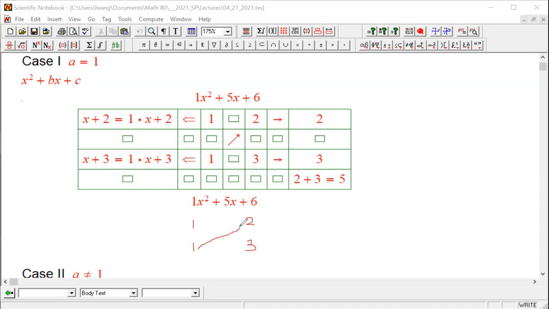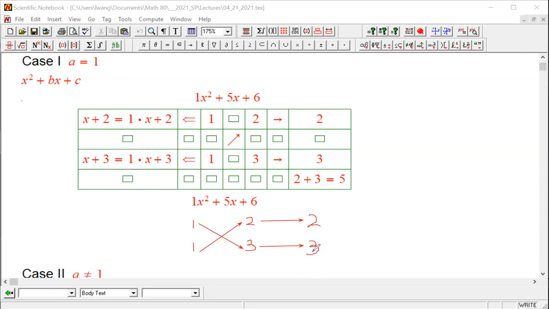And we cross multiply. 1 times 2, 1 times 3. So we get 2 from 1 times 2, 3 from 1 times 3.